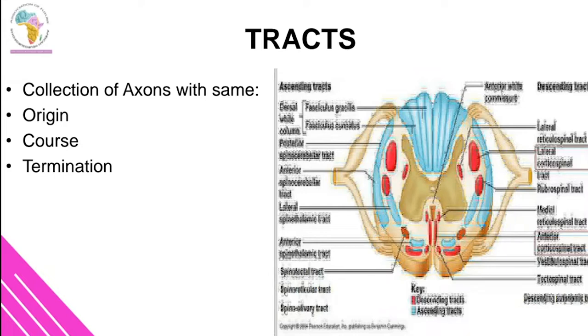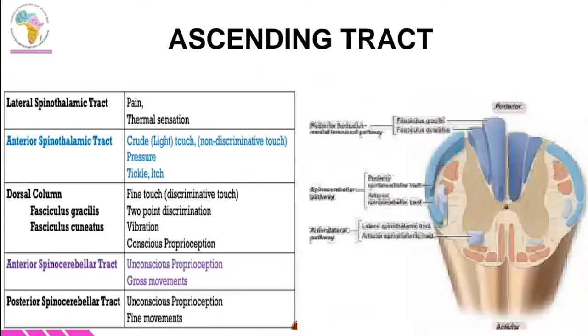Descending tracts. So the ascending tracts send information from the spinal cord to the brain. Then the brain sends what it has interpreted, or the motor response, via the descending tracts.